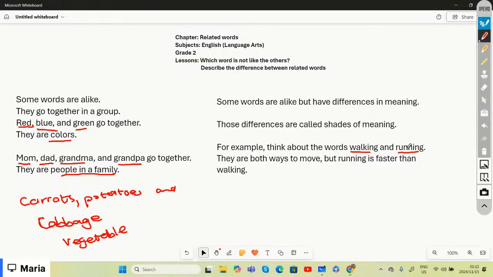So some of the words we said are alike, but they have differences in meaning, right? And we call them shades of meaning. And an example is walking and running. They're both ways of moving. So walking and running are both ways of moving, but running is faster than walking.